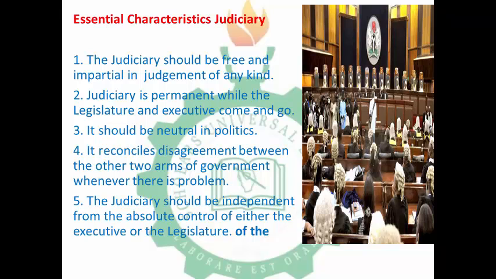What we are saying is that the judges and the courts should be in control of themselves without the intervention of the executive or the legislature, since they are an independent arm of government on their own. When this occurs, it brings about a true separation of power among the three arms of government, which will bring about proper administration and governance in the country.